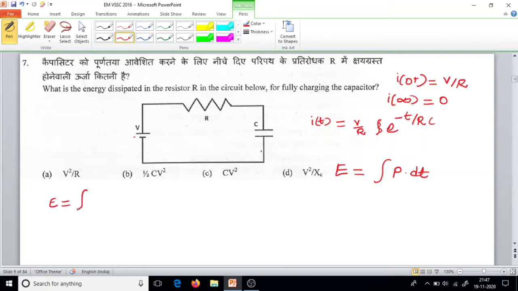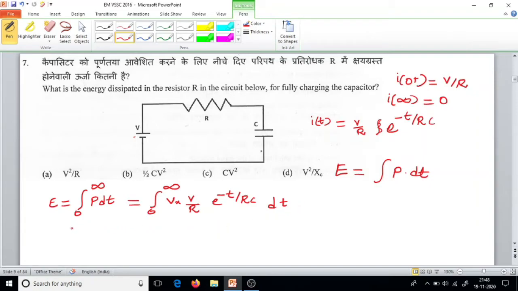E equals the integral from 0 to infinity of P dt. What is the power? Voltage multiplied by this current equation: V by R times V by R times e to the power minus T by RC, with respect to dt.